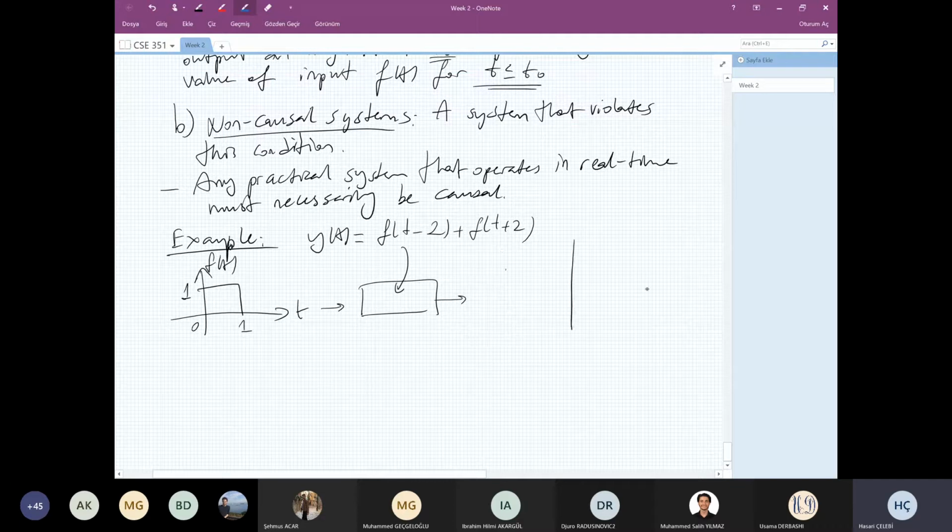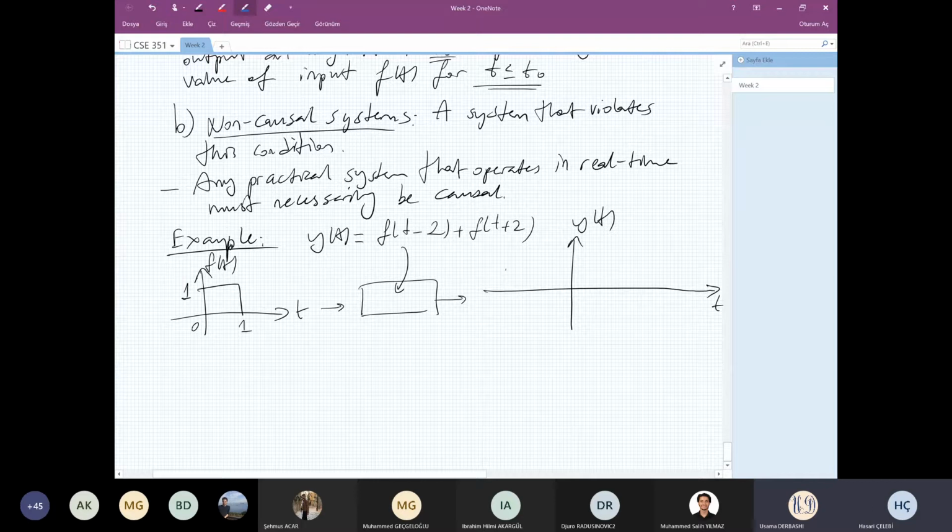Now it's time to use the knowledge that you learned, guys. Remember, f of t minus 2 is a time shifting process, right? So the output will be 1 in one region, and then from 2 to 3 it will also be 1.